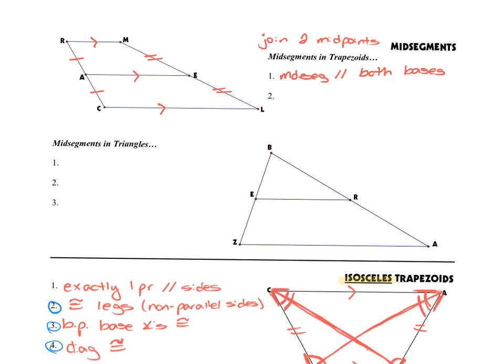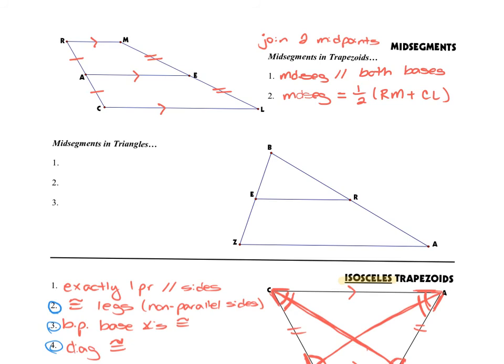And then the next property, and like I said, we're going to measure this one out in class. We're going to write a formula for this. We're going to say that the midsegment is equal to 1/2 the sum of the two bases. So we can write this RM plus CL.